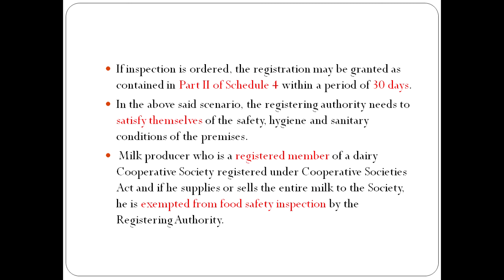So there are conditions also. He needs to supply or sell his entire milk to the society. Then he is exempted from the food safety inspection by the registering authority, but at the same time he needs to comply with these conditions. He should be a registered member, and he should sell his entire produce of milk to the society. Okay.